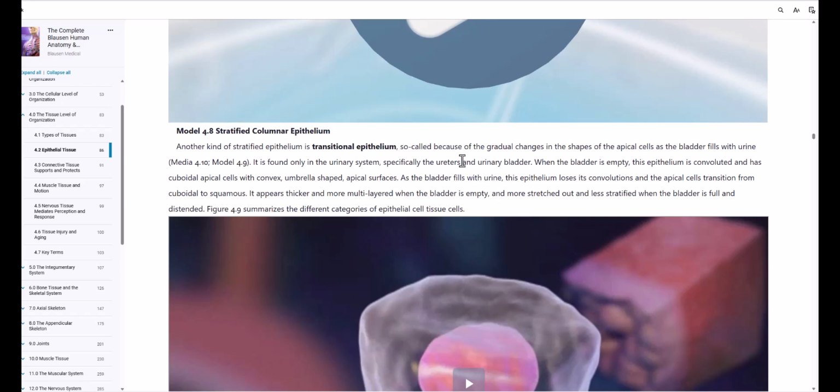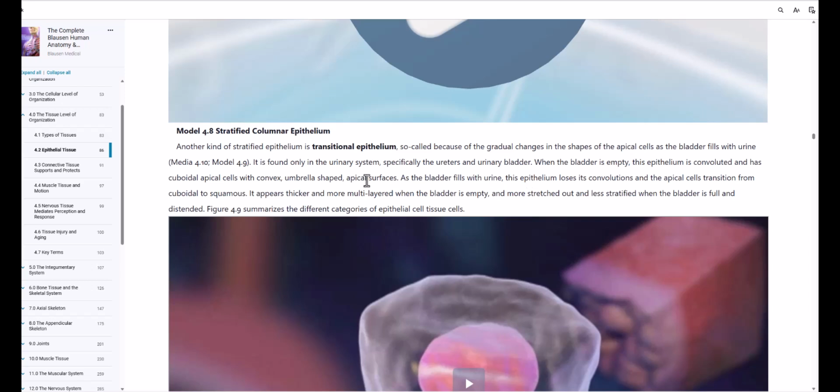And as your bladder fills, and the bladder is going to expand, those cells are going to get thinner. And then as you release the urine and the bladder shrinks back, those cells are kind of going to get thicker again, or a little bit bigger in diameter. So because these cells are changing their shape multiple times a day, they are referred to as transitional.